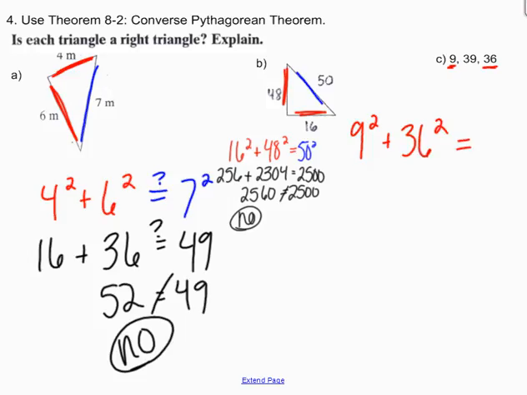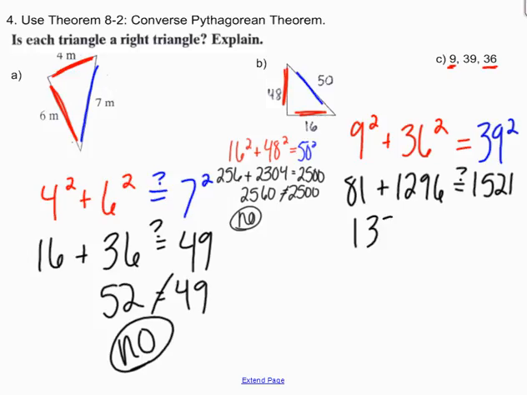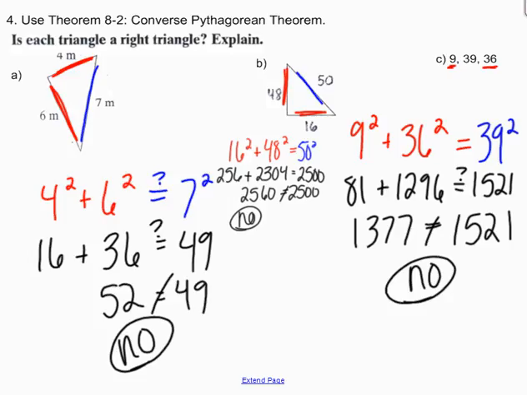I'm going to set that equal to the hypotenuse squared. So I simplify, I get 81, 1,296, then 1,521. And I get 1,377, which does not equal. Man, none of these worked. All of these were no. They did not satisfy the Pythagorean theorem.